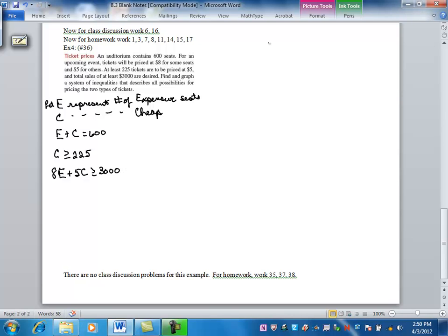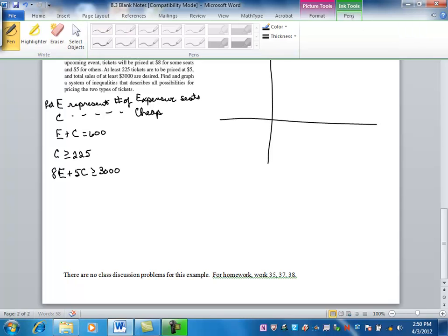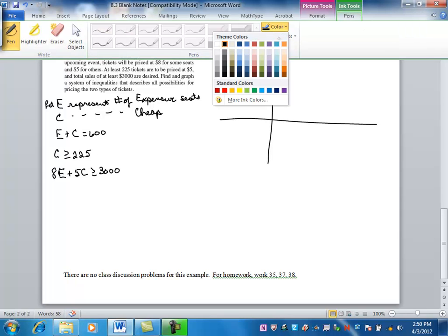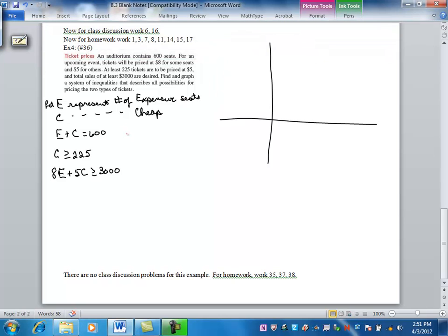And let me go ahead. Here's our grid. Let me change up ink color here. Let's start out with red. So I don't know that it really matters. Here's our expensive seats. Here's our cheap seats.